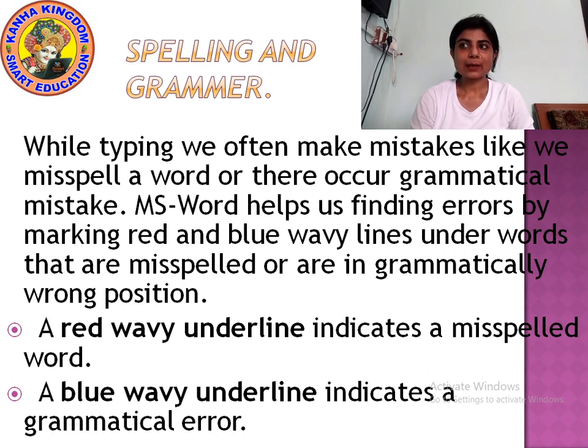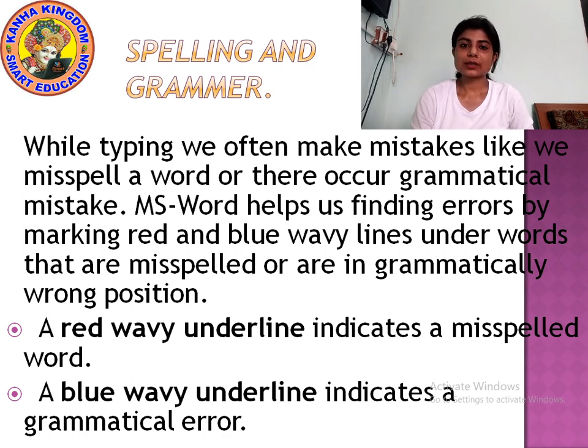MS Word helps us find errors by marking red and blue wavy lines under words that are misspelled or are in a grammatically wrong position. Okay? A red wavy underline indicates a misspelled word and a blue wavy underline indicates a grammatical error.